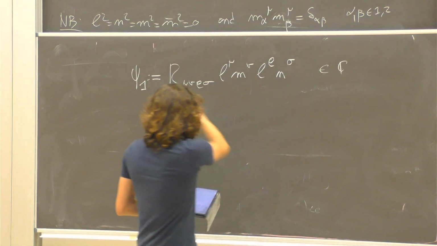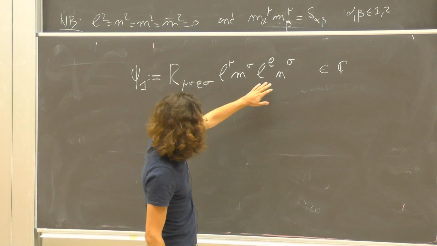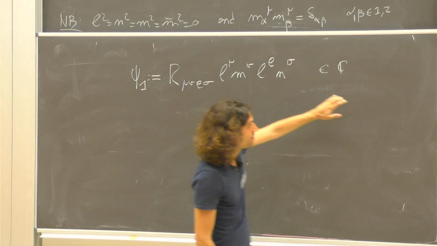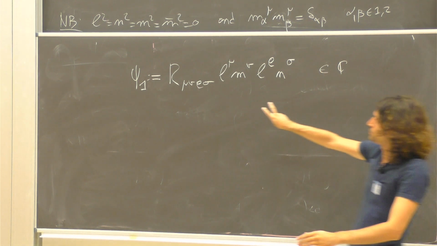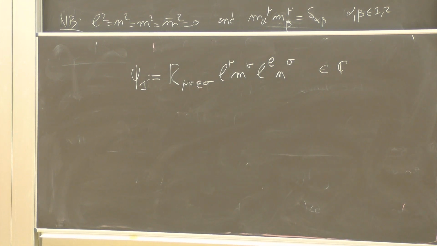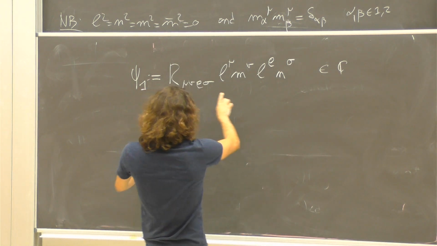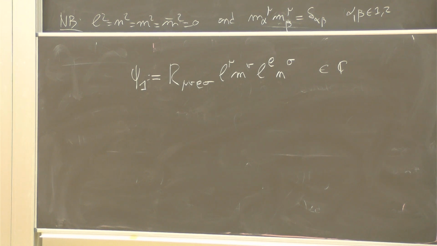So you see, in general, this object is not strictly speaking an invariant object because there is an ambiguity in this n, and if you change n for another one, well, this part does not contribute because it's contracted with a skew-symmetric tensor with an L, but this part would contribute. So if you change n, it's going to change this psi1 by a term like this.